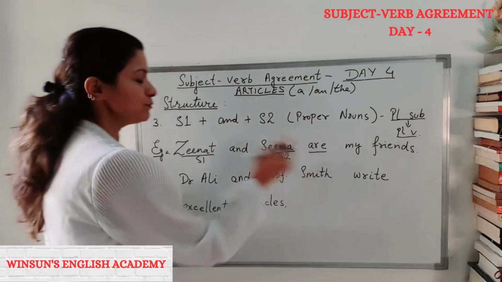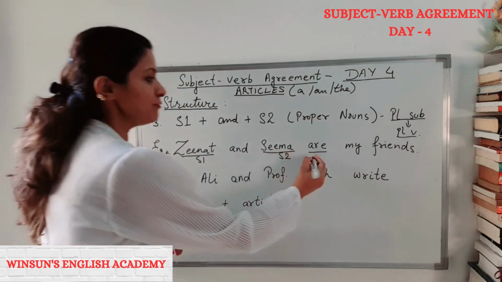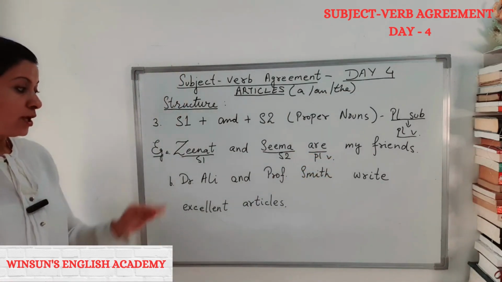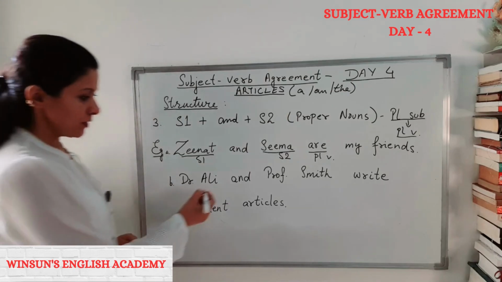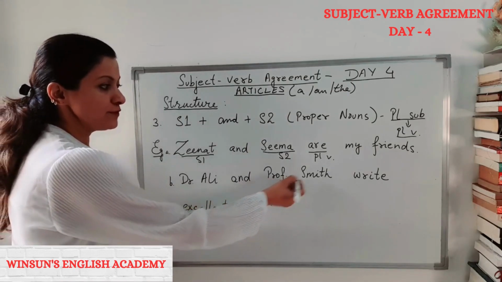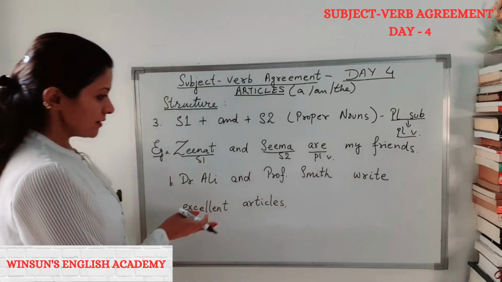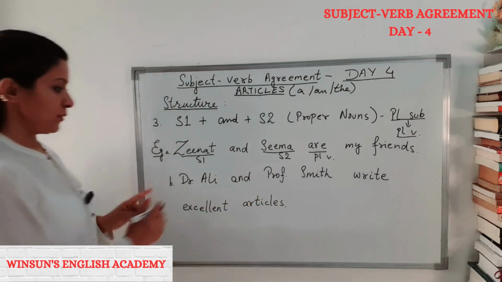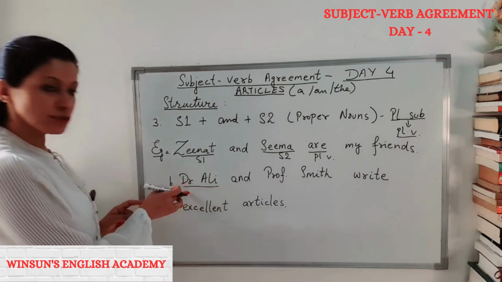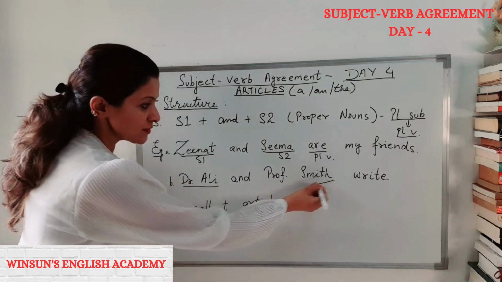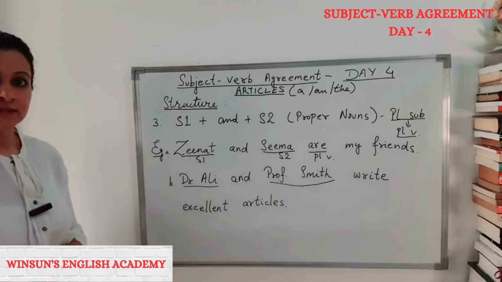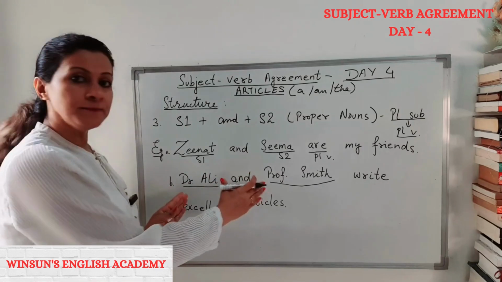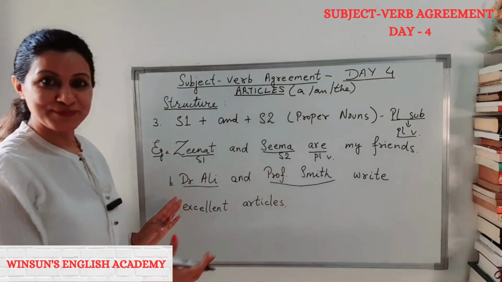So we have plural subjects. So we have plural verb here. Clear? Now, look at this sentence structure. Dr. Ali and Professor Smith write excellent articles. Now, it's Dr. Ali. We have doctor here. It's Professor Smith. We have professor here. What's the difference? These are not articles. They talk about their roles they play, their profession, right?